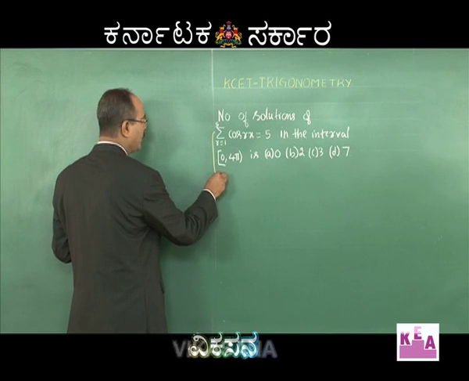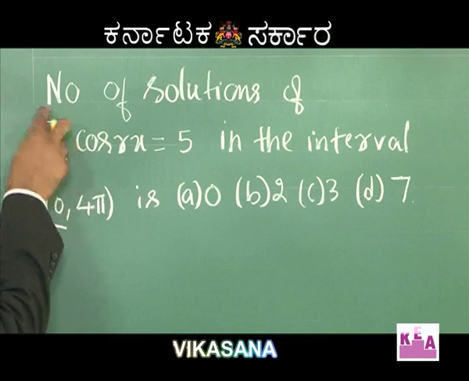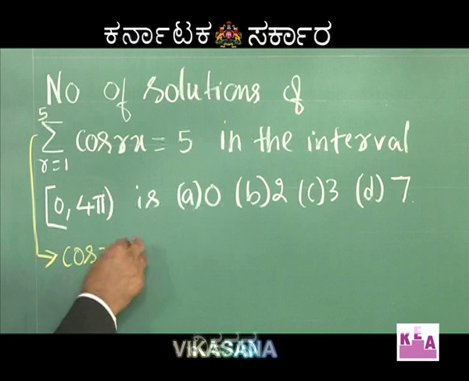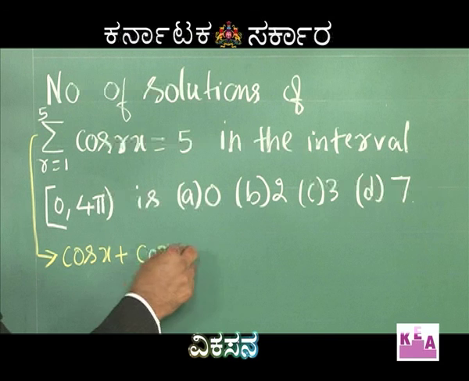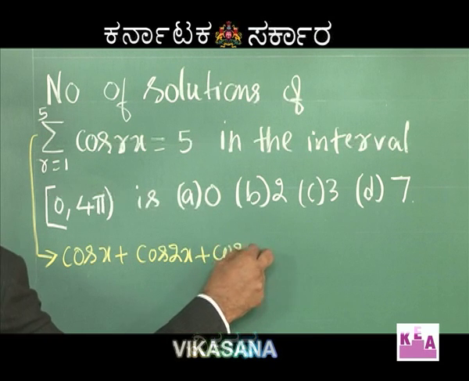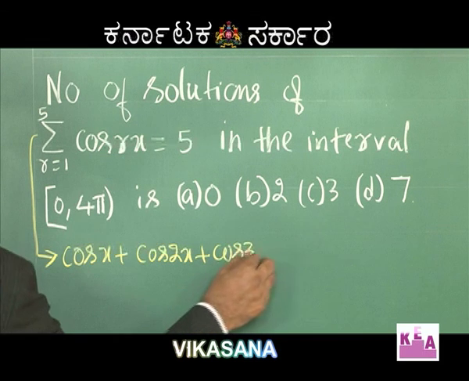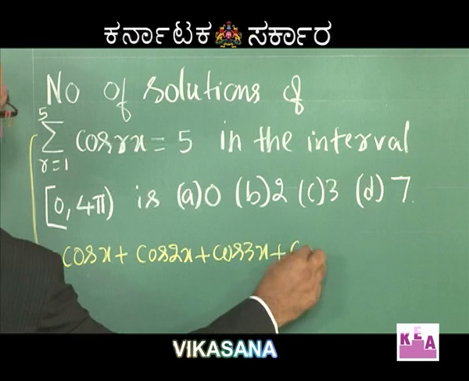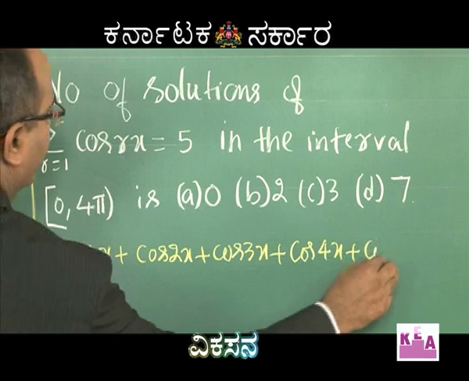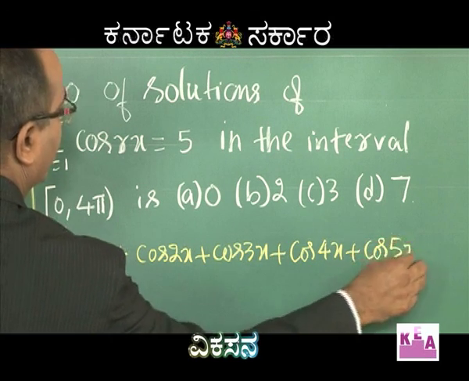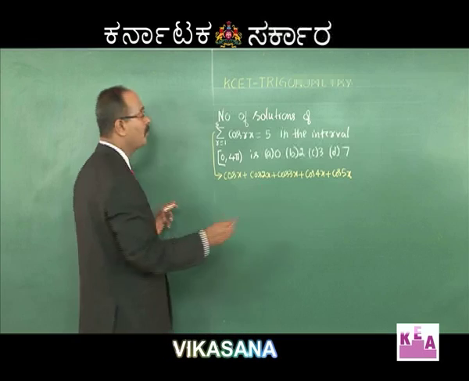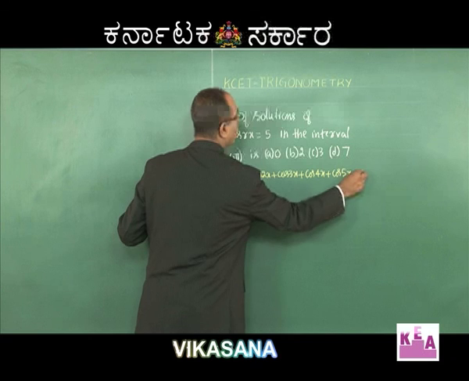This is nothing but summation r is equal to 1 to 5, that must be cos x plus cos 2x plus cos 3x plus cos 4x plus cos 5x. Do you agree with me? And that is equal to 5.